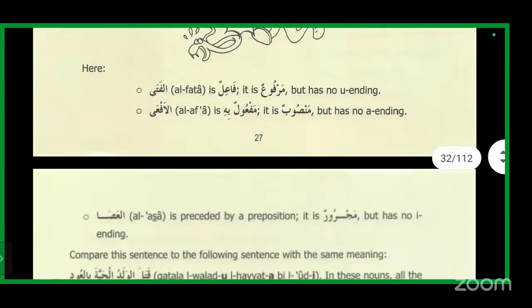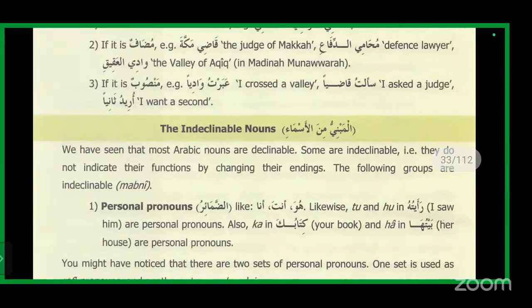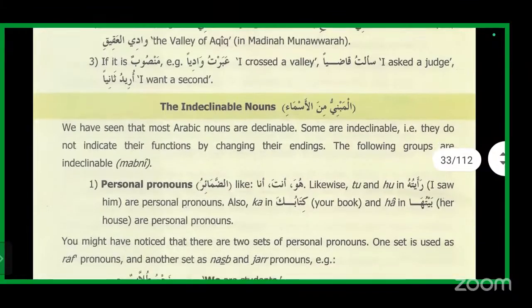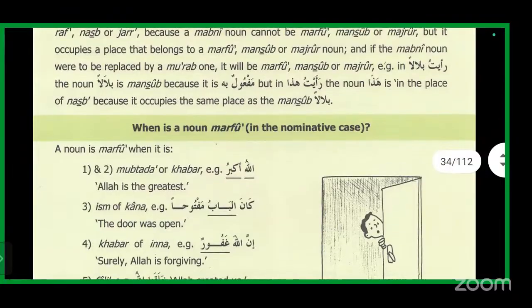Al-i'rab al-taqdiri, the understanding part of i'rab al-taqdiri, the indeclinable nouns, al-mabni min al-asma', and then he will move to fi'l. When is a noun marfu in the nominative case? When is it mansoob? So this is very different from the first 5 books that we have done.